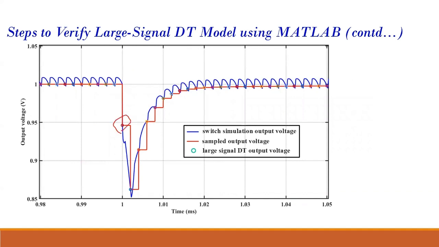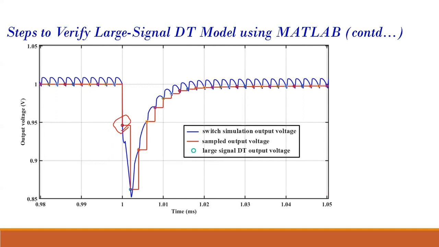dots, these circles. These circles are the discrete time model. The discrete time model doesn't show the entire switching cycle. It just captures the sample value at one instant within the switching cycle.